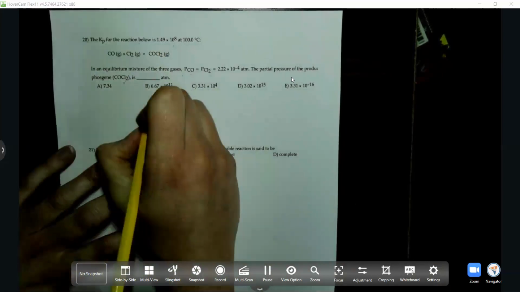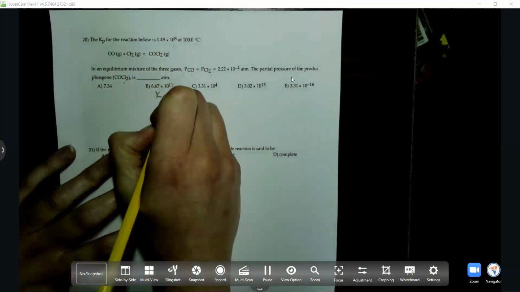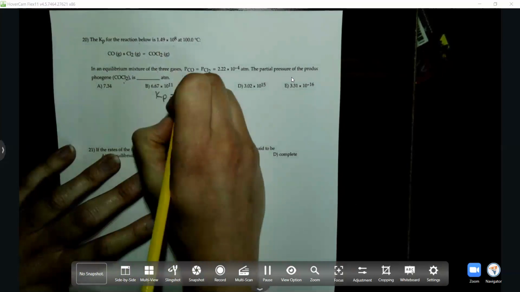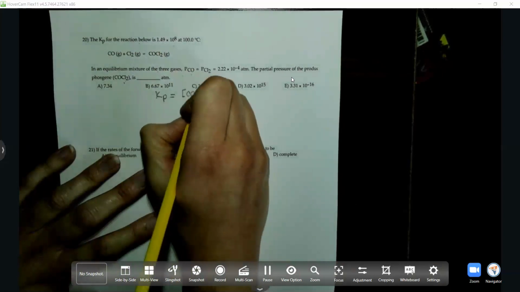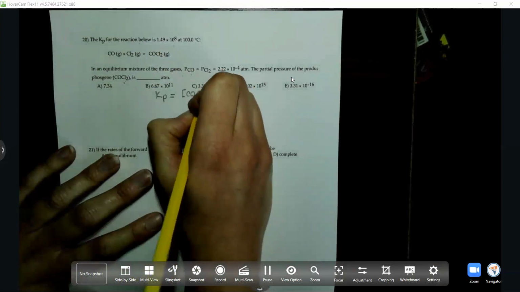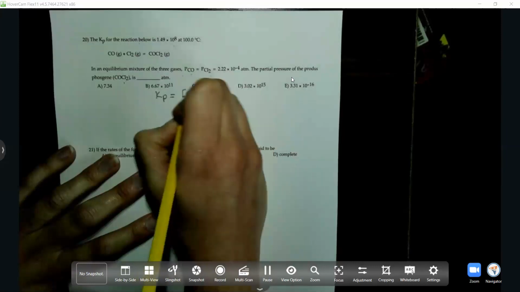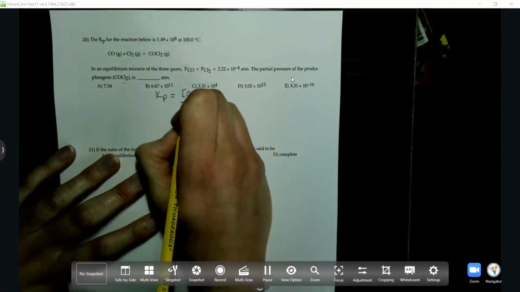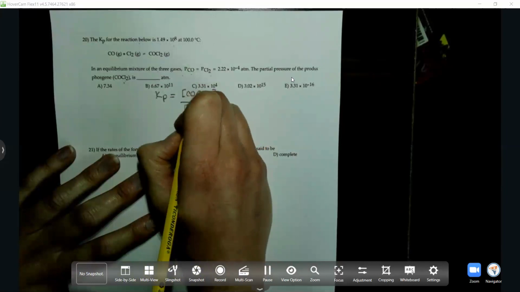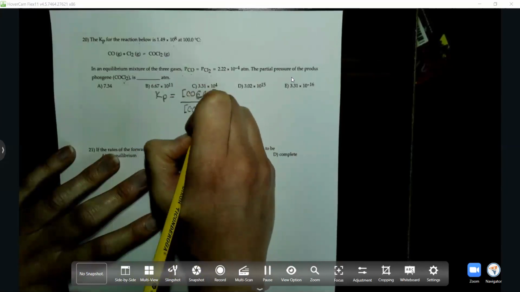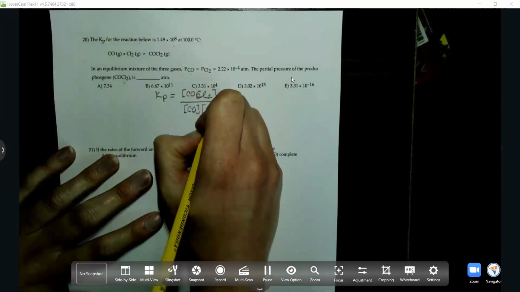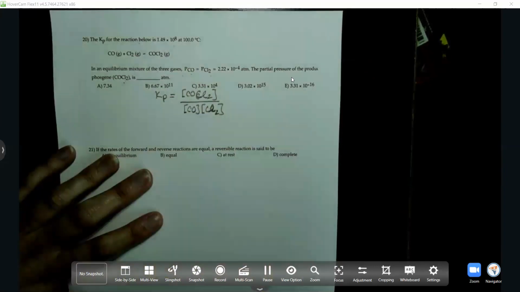So we're going to write our Kp expression. Kp is equal to the concentration of COCl2 divided by the concentration of CO times the concentration of Cl2 at equilibrium.